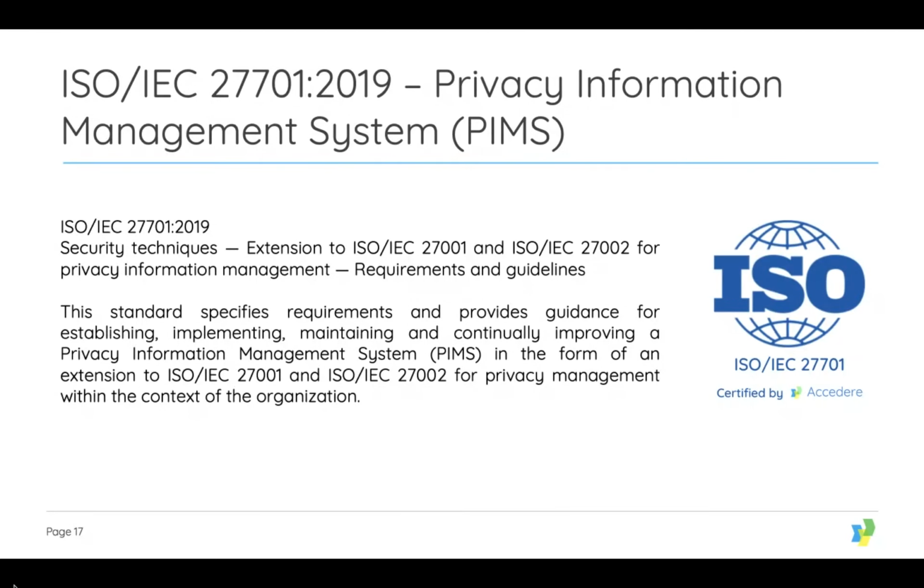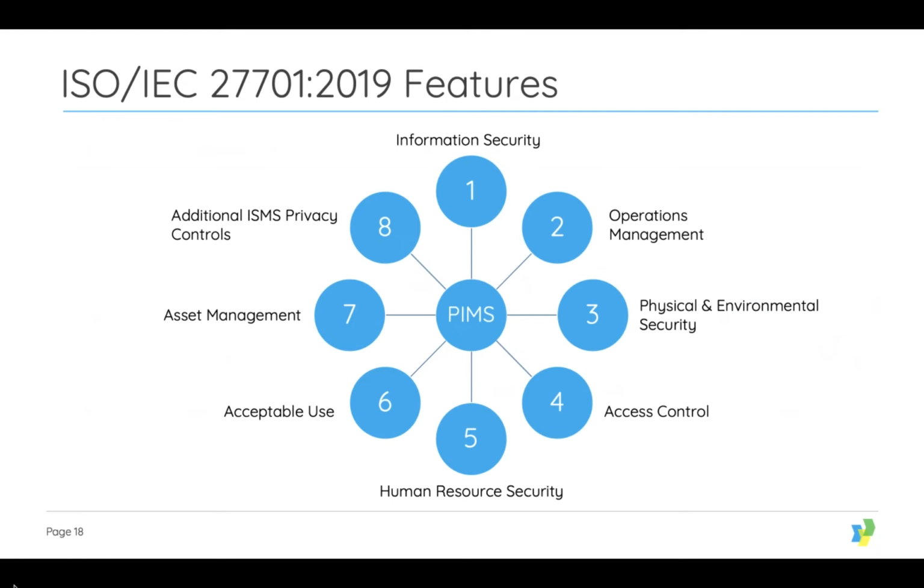And of course, we have the guidelines from the 27002 also for the privacy management, and the 27701 also aligns itself to the 27001, 27002, and several other control objectives that are mentioned in the 27001 and the 27002.